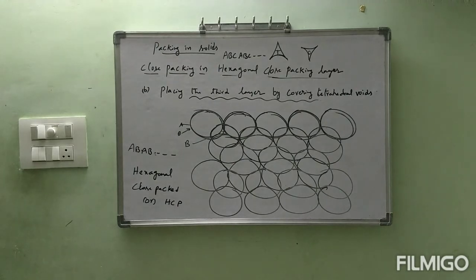Coordination number, you might know the definition already. If you concentrate on one particle, that particle is in touch with how many neighbor particles, that is called the coordination number in solid state. In coordination compounds, coordination number is nothing but the central metal ion being surrounded by how many ligands.